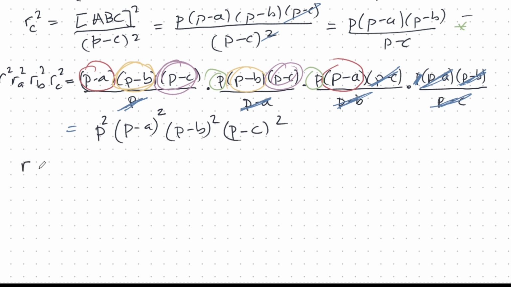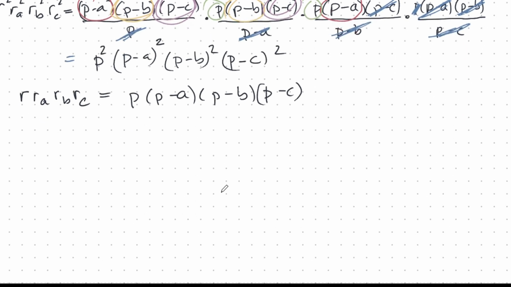I have R, RA, RB, RC. This is P minus A, P minus B, P minus C. But what is this? You know what this is. By Heron's formula, this is area squared. So this is the area of the triangle ABC squared.